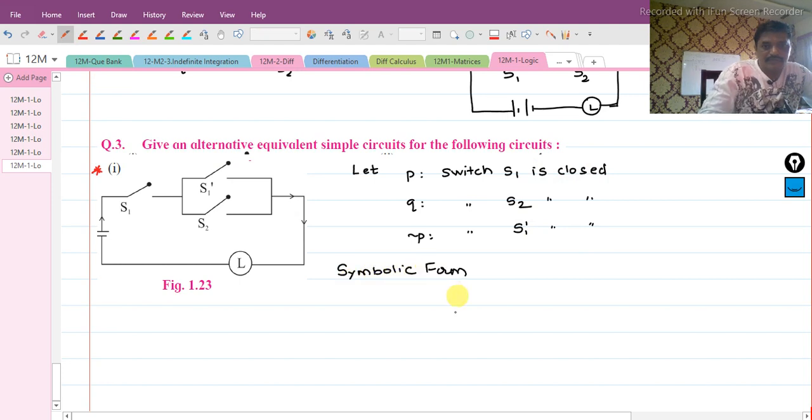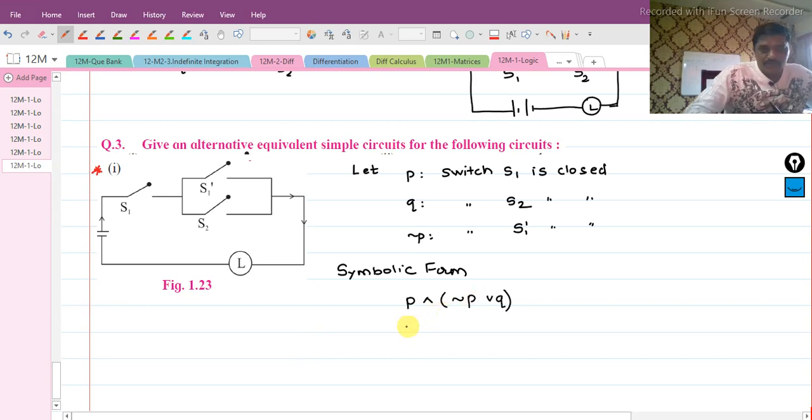The symbolic form is given by P and ORing of these two, that is negation P or Q. Now I have to simplify this given statement. I want an easier alternative.